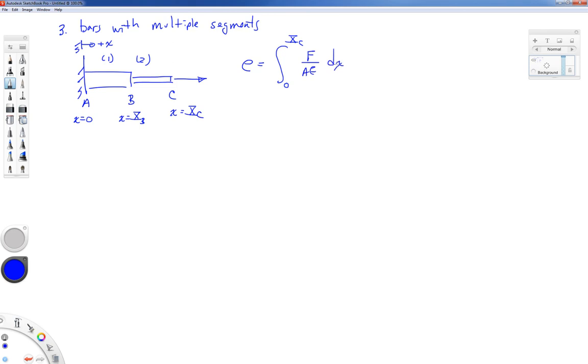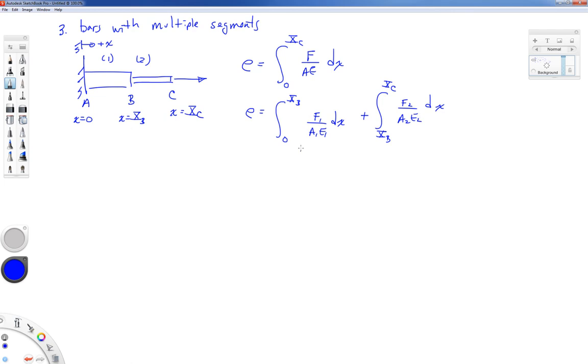But since there are segments where these things are constant, I can break this up into one integral from 0 to x sub b of F1 over A1 E1 dx, and a second integral that goes from position b to c of F2 over A2 E2 dx.